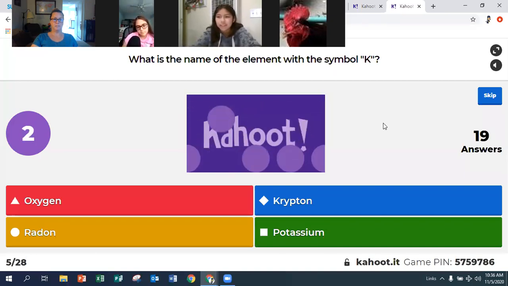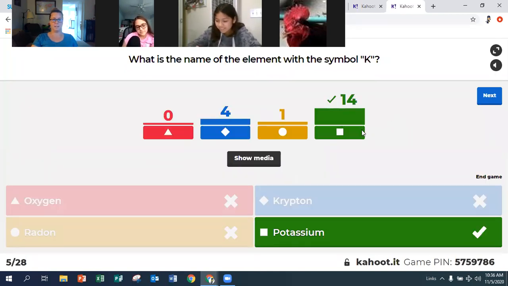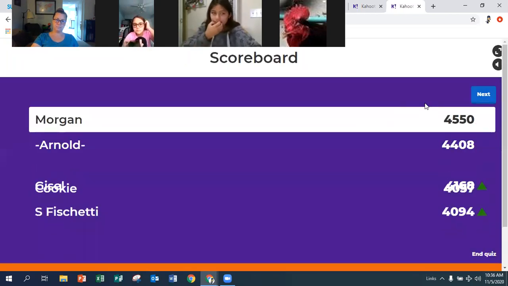It took me like 10 hours to find it. Well, not really. You get 20 seconds and you found it. So, okay, potassium is K. Now remember, some of the element symbols come from their Latin names, right? So Kr is krypton, K is potassium.